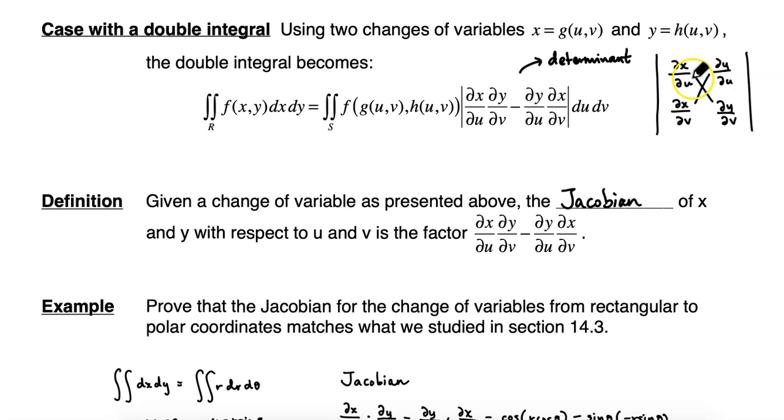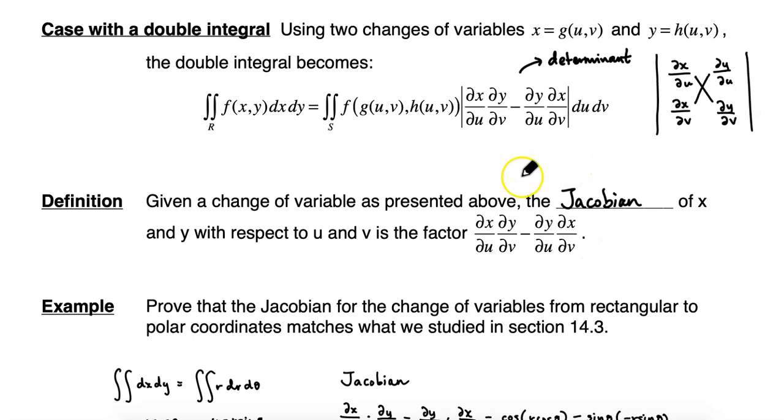We multiply across, subtract, and multiply across again: partial x partial u times partial y partial v minus partial y partial u times partial x partial v. We have to take the absolute value, but the Jacobian itself is only the determinant without the absolute value.